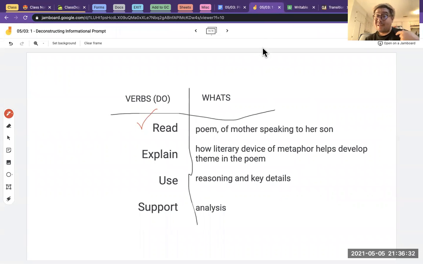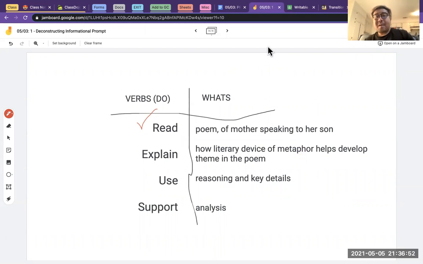Then we read the passage. We read the poem a couple times until we understood it, or at least thought we understood it. We looked for metaphors and themes, because those are things that the prompt asks us to look for.